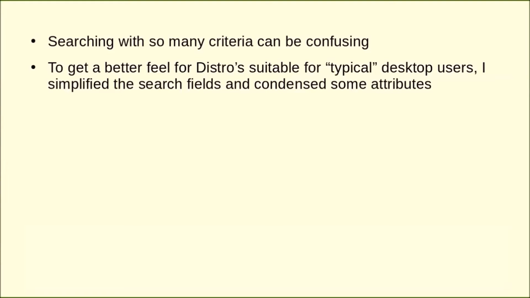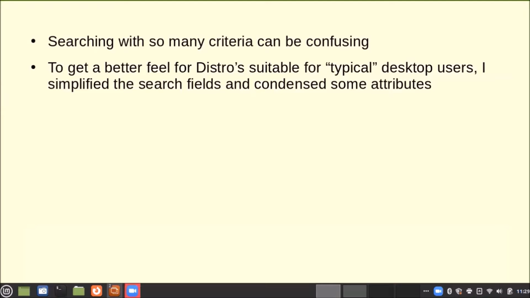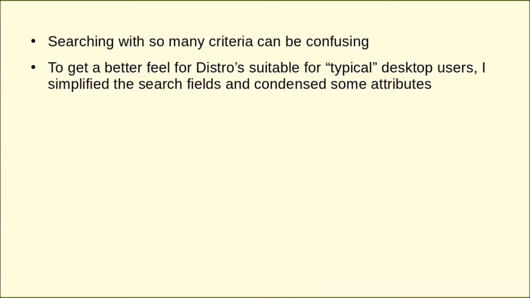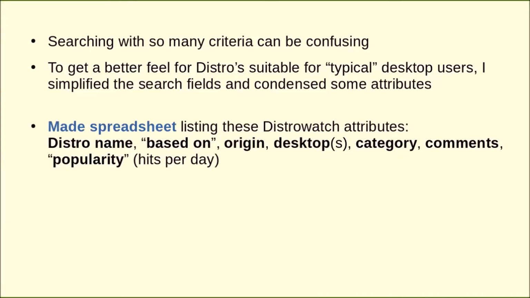And I had a project, I wanted to find out distros suitable for typical desktop users. Not an IT person or so forth. So I had to simplify some of this database. And what I did was I made a spreadsheet. That's how I analyze things.